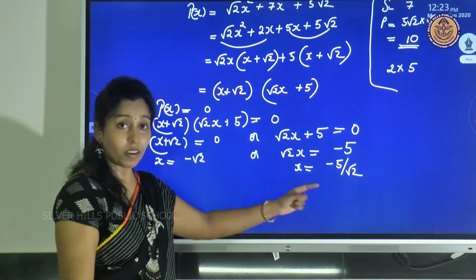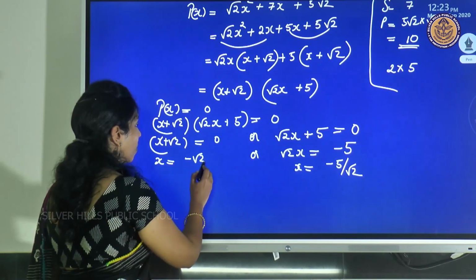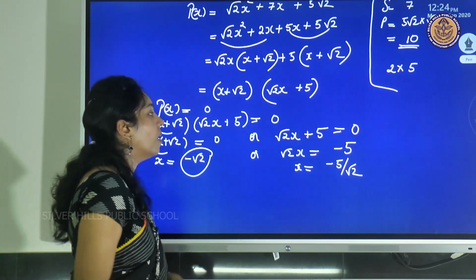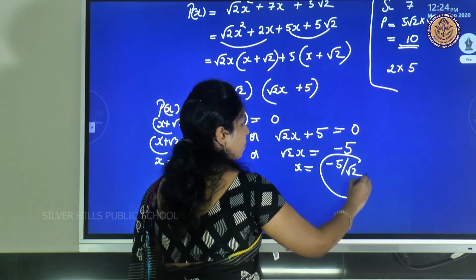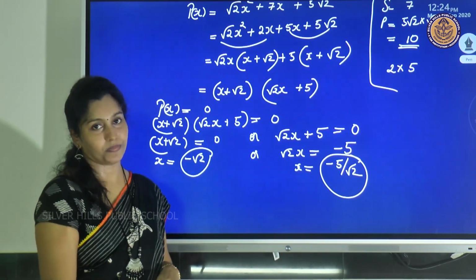So our roots are ready. What are the roots? One is minus root 2 and the other one is minus 5 by root 2.